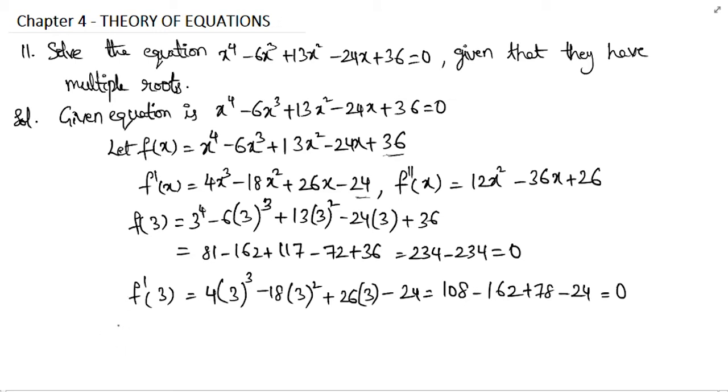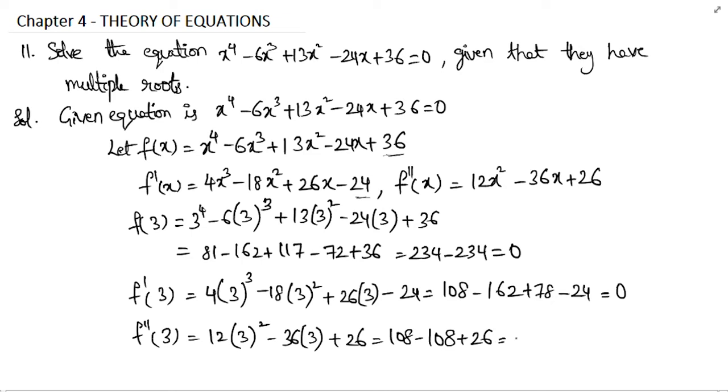So f double dash of 3 will be equal to 12 into 3 square minus 36 into 3 plus 26, which is 108 minus 108 plus 26, equal to 26. And this is not equal to 0.